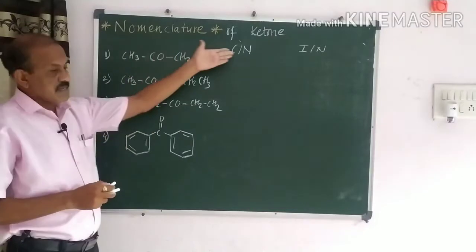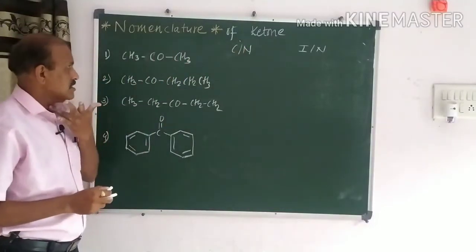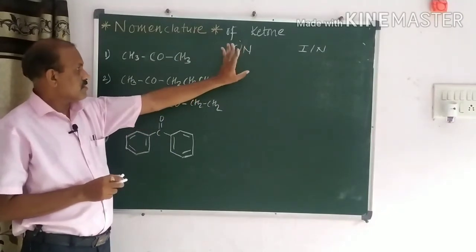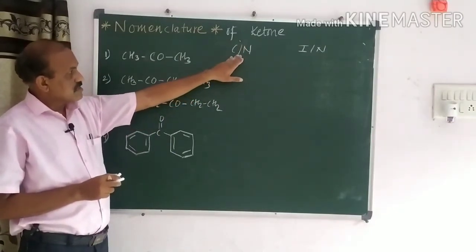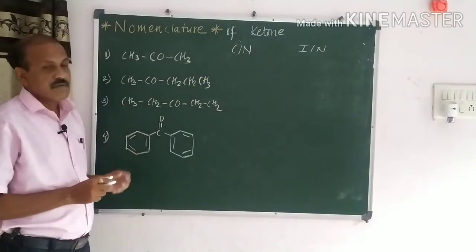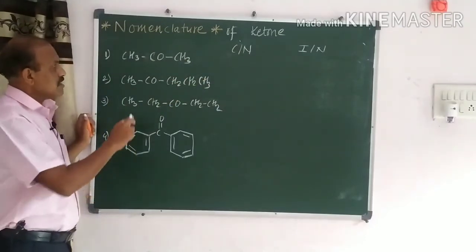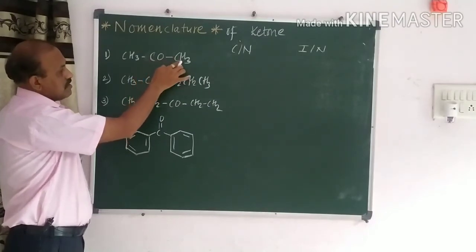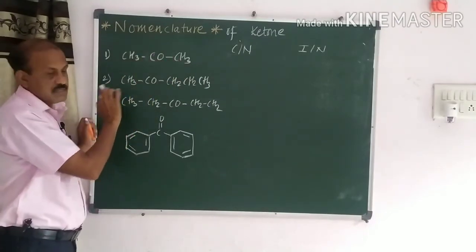So in the nomenclature of the ketone, while giving the common name and IUPAC name of the ketone, first we have to discuss the common name of the ketone. While giving the name to this, across the carbonyl carbon atom, the alkyl group is attached in the ketone.